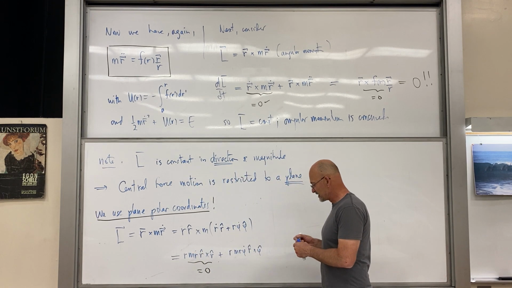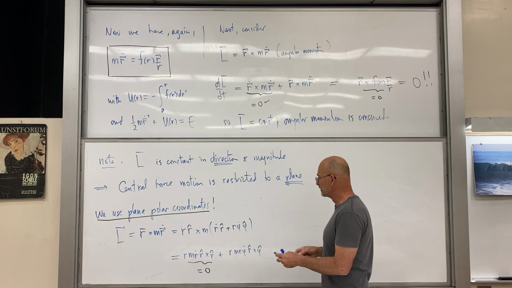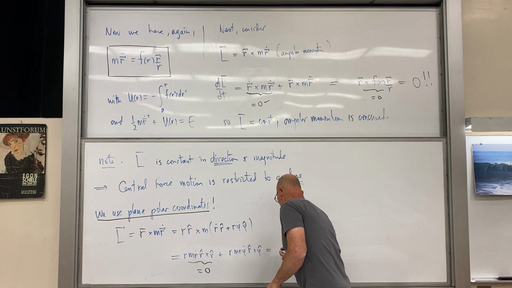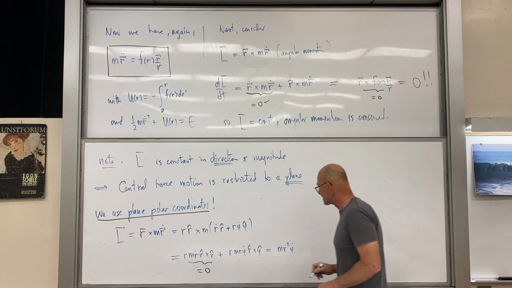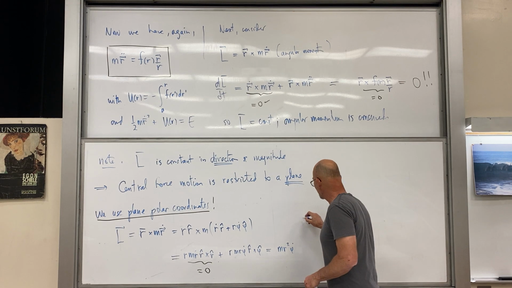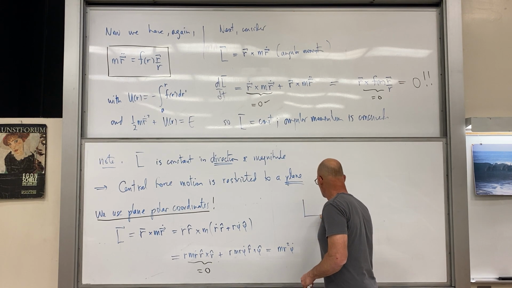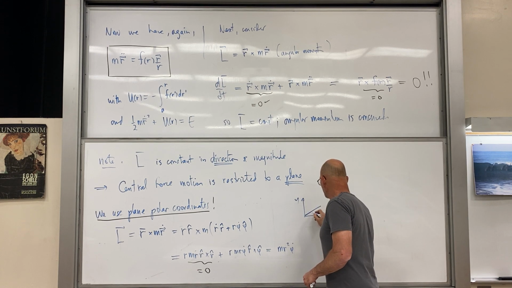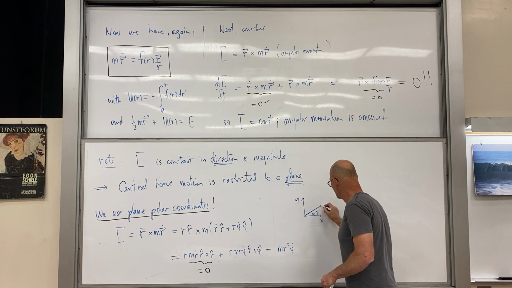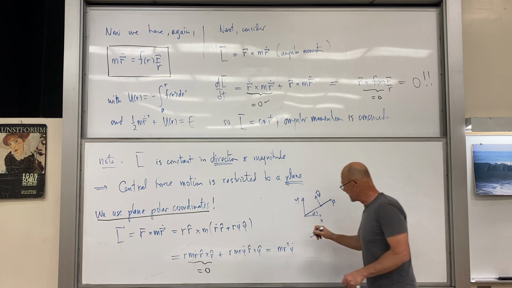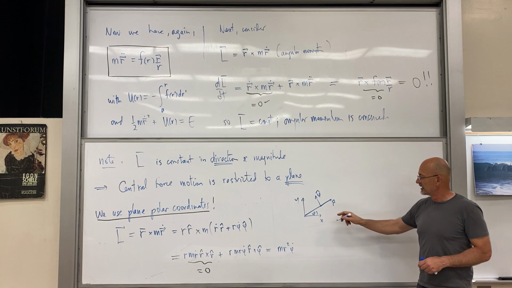This will not vanish. In fact, this will be M R squared phi dot, and the R hat cross phi hat, let's do our little picture. X, Y, here was the phi, R hat, and phi hat, as you guys may remember, right?